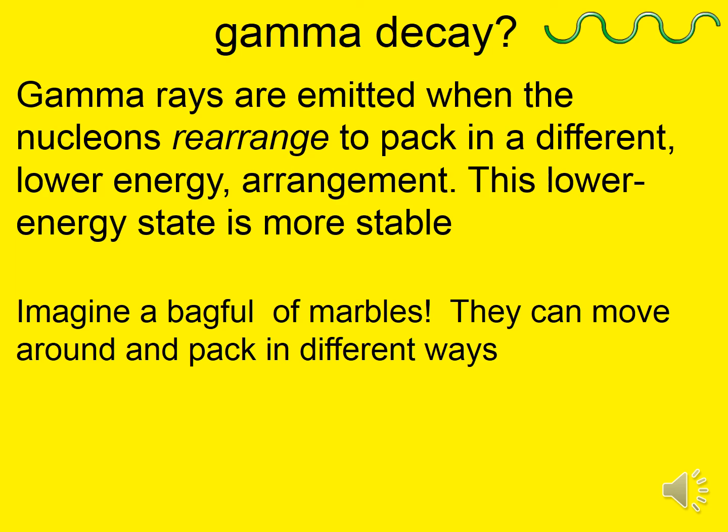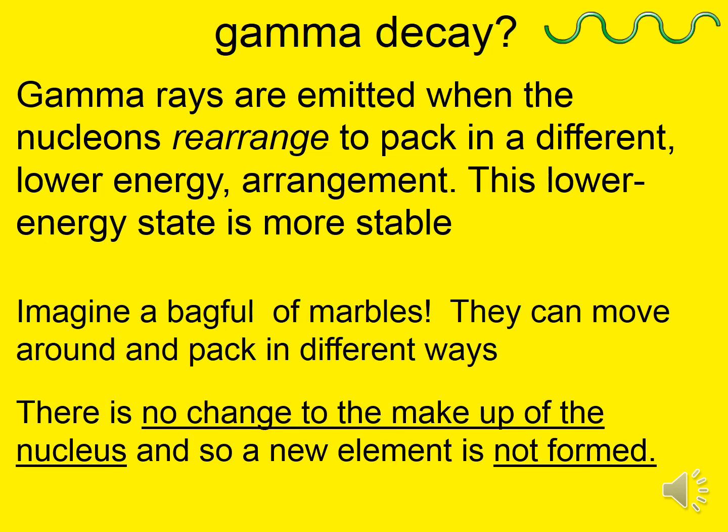Okay, when the nucleons, the protons and neutrons, rearrange to pack in a slightly different way, that has a different energy level associated with it. So if you rearrange your bag of marbles and squash them into a different form, then that is likely to have a lower energy state, and some of that energy has to be given out in one way, and that is as gamma rays. Okay, so there's no change to the nucleus for these.